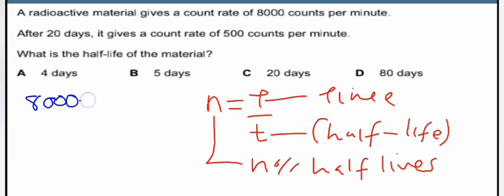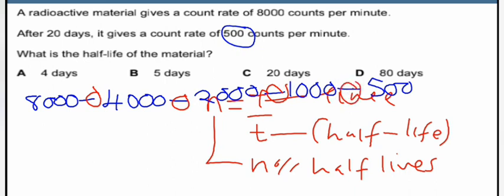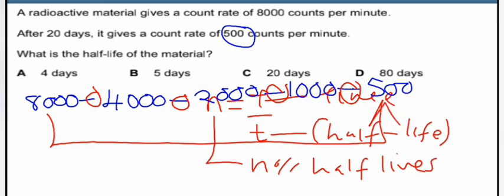The half of 80,000 is going to be 40,000. Then the half of 40,000 is going to be 20,000. Then the half of 20,000 is going to be 10,000. Then the half of 10,000, it is going to be 5,000, and so on, until we reach 500. That is our ending. Now, these lines represent the number of half-lives for this material to decay from 80,000 up to 500.